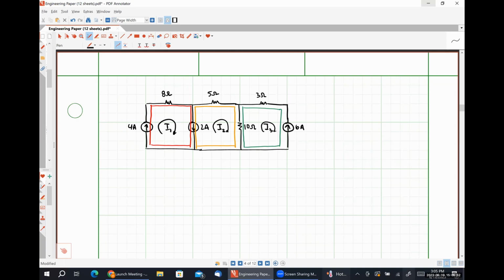If I'm applying mesh analysis, I need to write a current relationship equation for every current source in my circuit. So how do I relate the 4 amps being supplied by this current source on the left to my mesh currents?